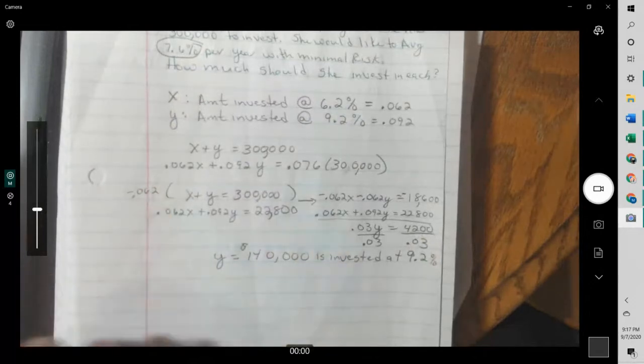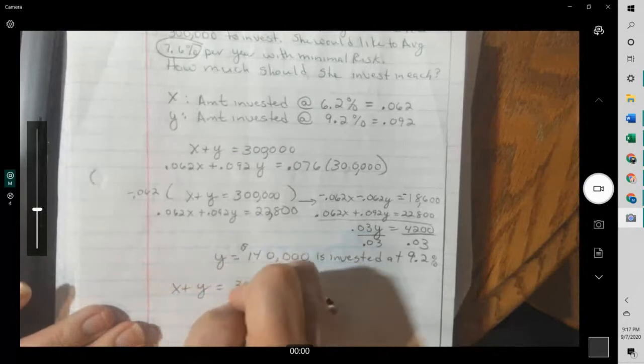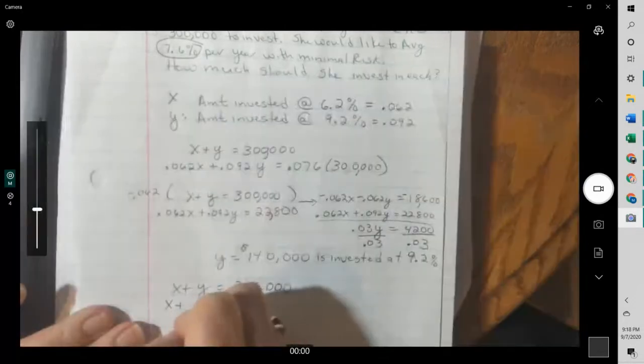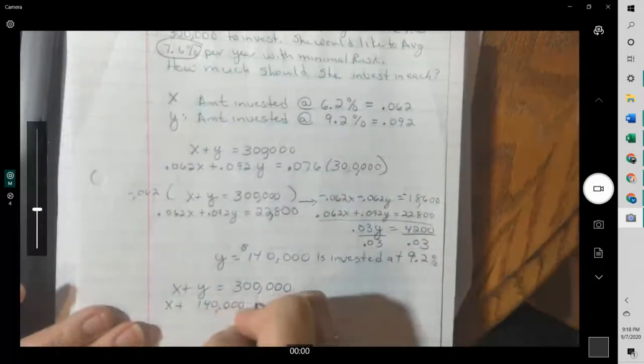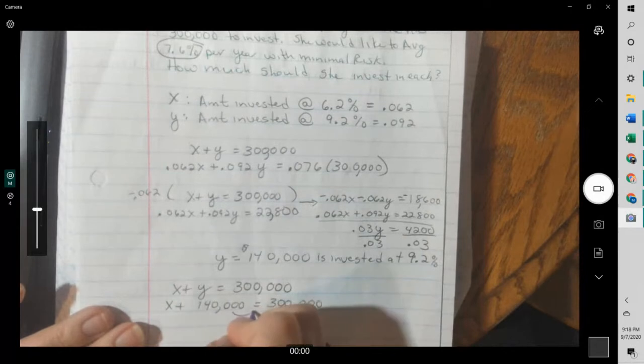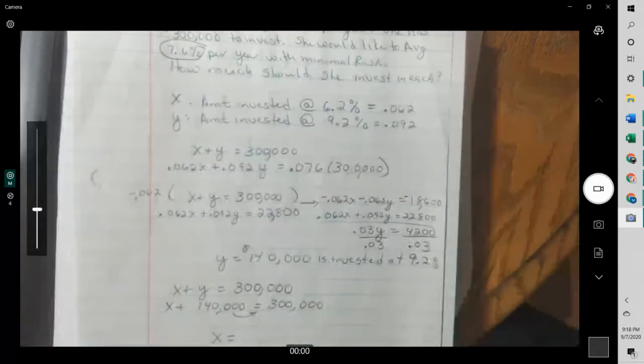We know y. Plug it in. We know that x plus y has to equal 300,000. So x plus 140,000. We just need to subtract the 140. 160.